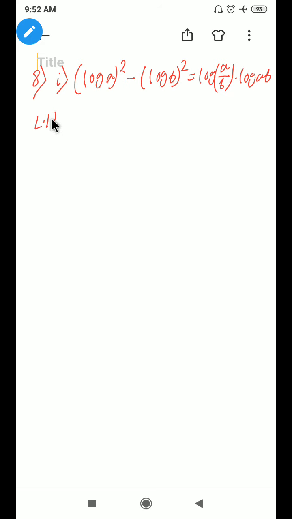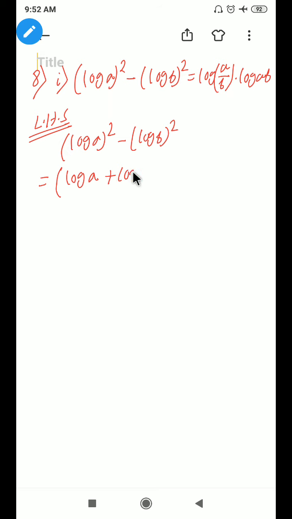So LHS is log a whole square minus log b whole square. What is the formula of a square minus b square? That will be a plus b into a minus b. Here a represents log a, so log a plus log b into log a minus log b.